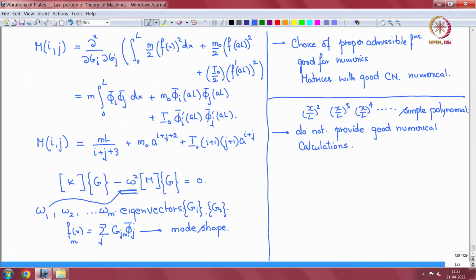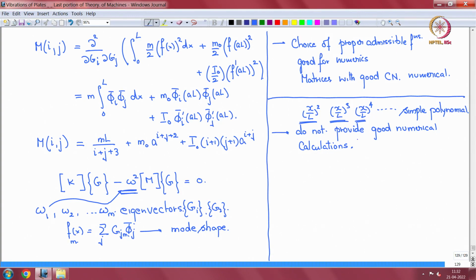And therefore I am just making a general set of comments. Okay, as I said, our focus is not on numerical analysis. So this set of functions, if you go higher in numbers, let's say 5 terms, 6 terms, the matrices that you get are not very good for numerical manipulations, inversions and so forth.